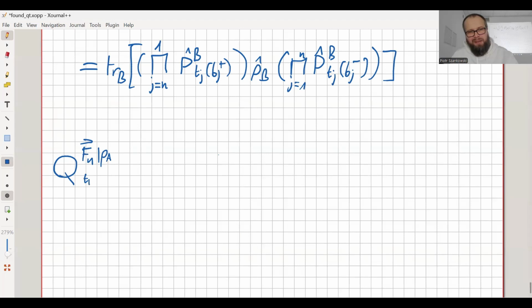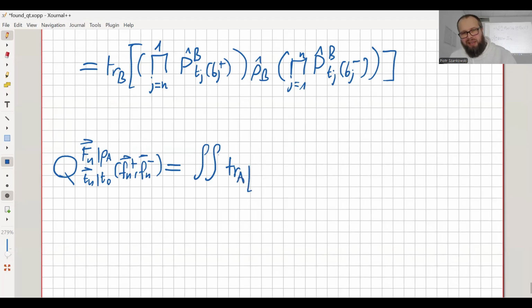So A and 0. It's a double integral. Here comes a kernel, let's call it a kernel, products and 1.